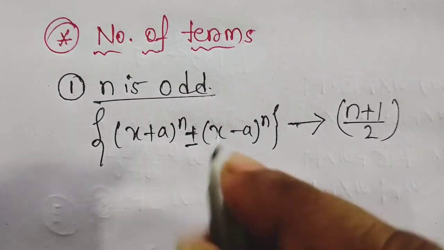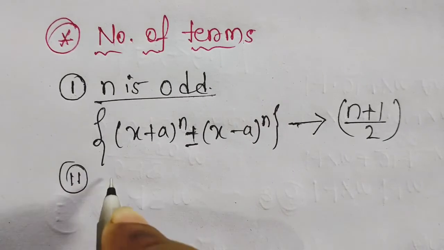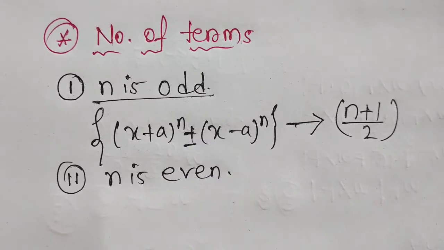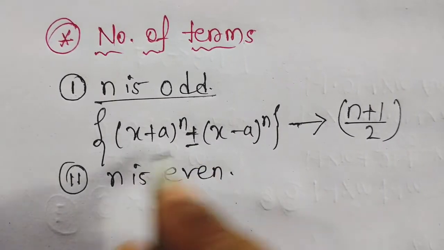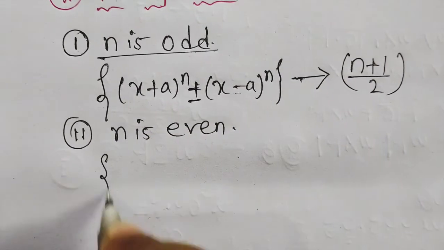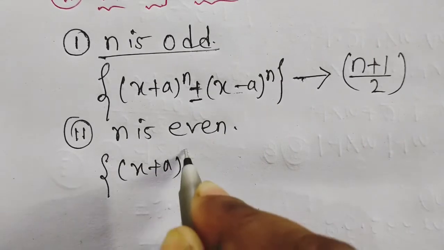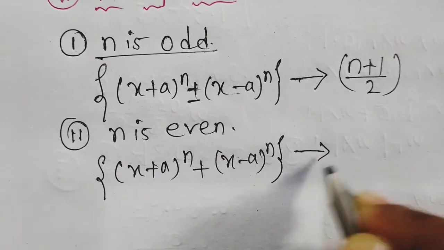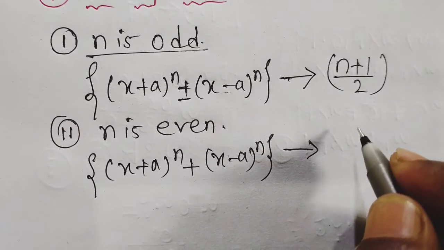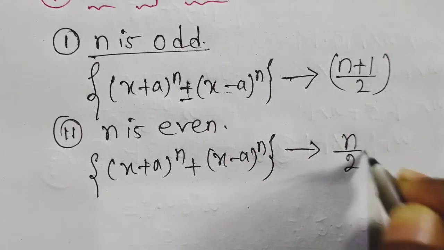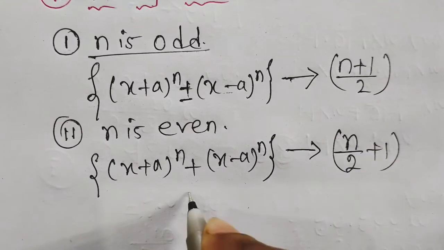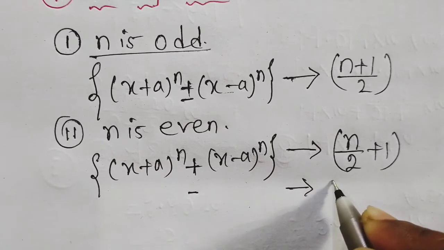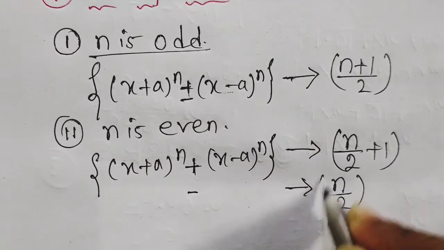Now second case, if n is even, then the number of terms of this function x plus a whole to the power n plus x minus a whole to the power n is n by 2 plus 1, and if there is minus here, then the number of terms is n by 2.